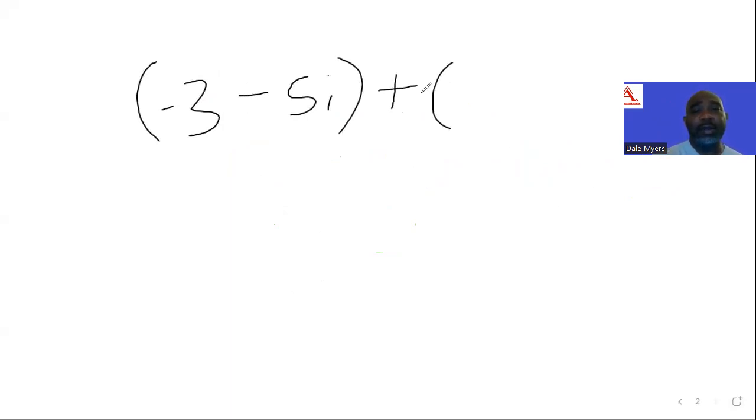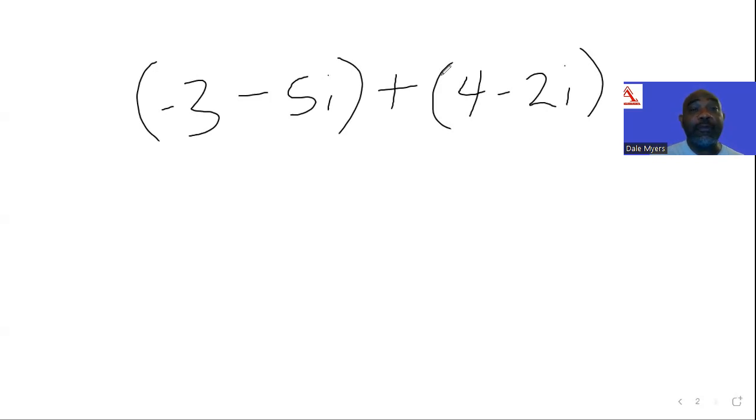Let's do at least a couple more examples very quickly. So again, if we take negative 3 minus 5i, and we add 4 minus 2i. Again, let's combine like terms. This is just like algebra.